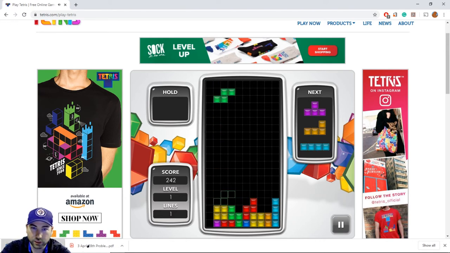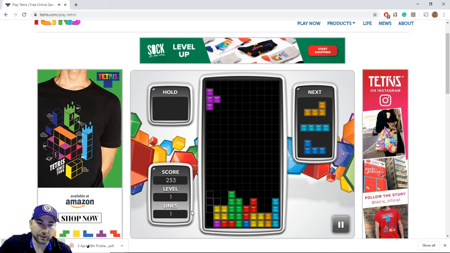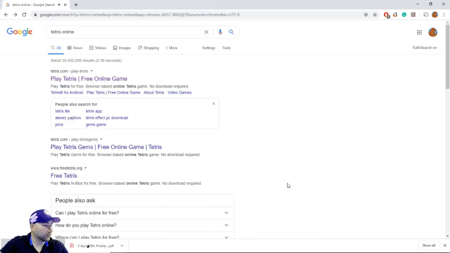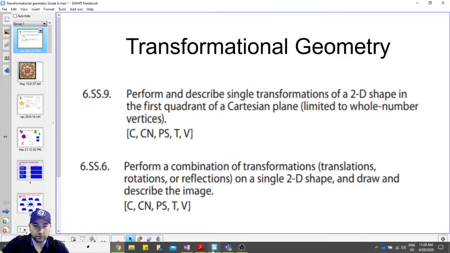Okay, I need to translate, rotate, translate. All right, that's about enough of that. I could play that all day. Very cool, very cool. Okay, here we go.